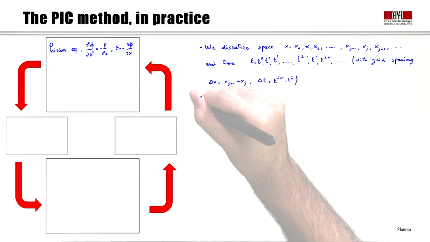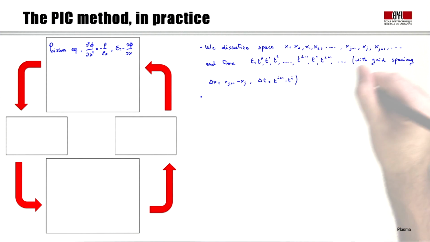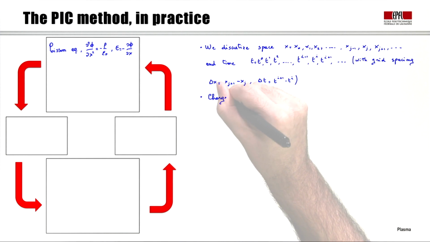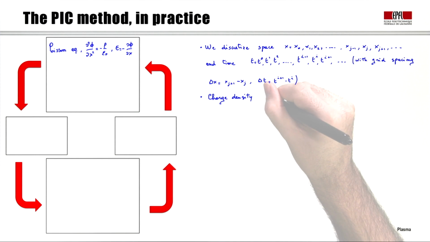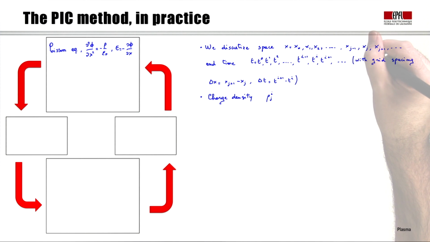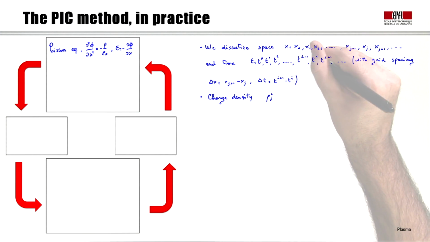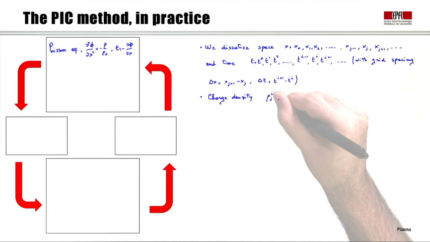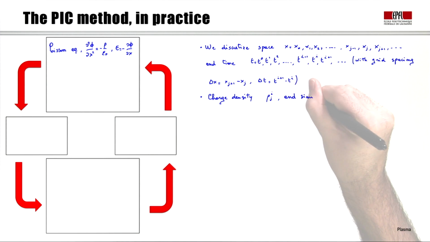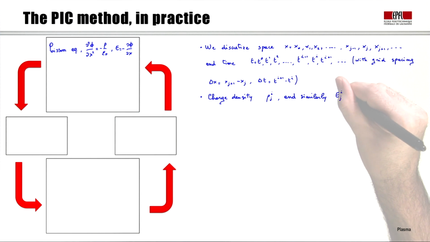The charge density will be evaluated on the points of this grid and will be denoted as rho j i, and this will be the charge density at location xj and time ti. And similarly we will do for the electric field and for the electrostatic potential.